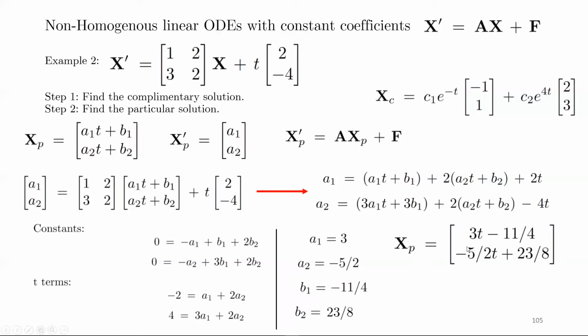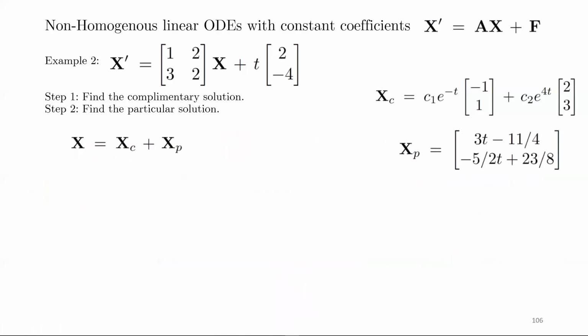Okay, then I can use these constants here in my definition of xp. So a1 times t, 3 times t, plus b1, but b1 is negative 11 over 4, so negative 11 over 4, and similarly for the second line. So I found my particular solution here.